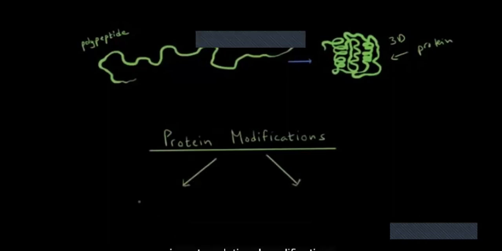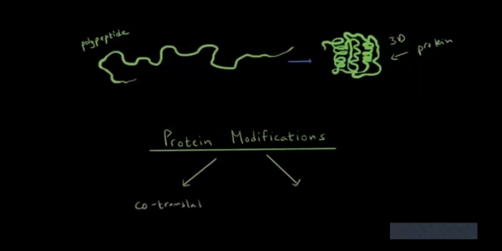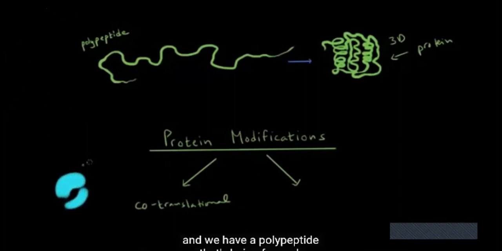The first type is co-translational modification. That means these are modifications or changes that happen to the polypeptide while it's being translated. Let's say we have the ribosome right here, and we have a polypeptide that's being formed.